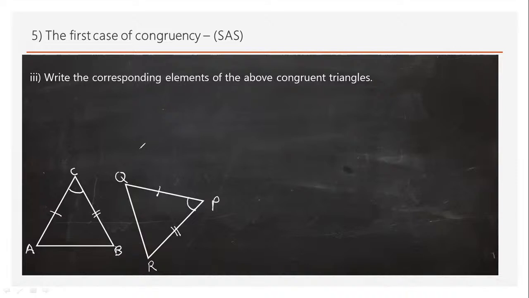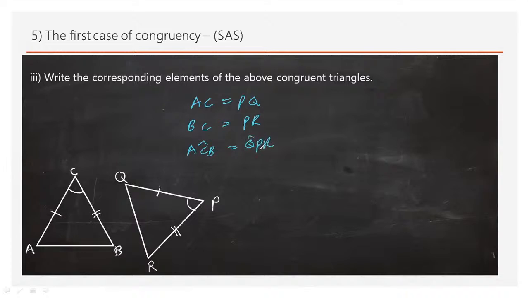Write the corresponding elements of the above congruent triangles. We already proved that the two triangles are congruent. So corresponding elements. I will write it because there is not enough space. That's why we mentioned there AC equals PQ, and we mentioned BC equals PR. Angle ACB equals angle QPR.